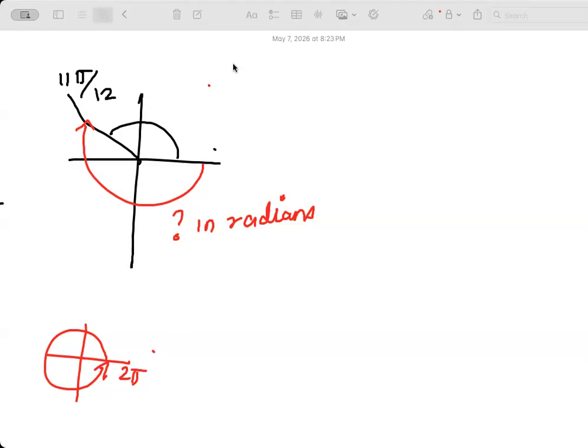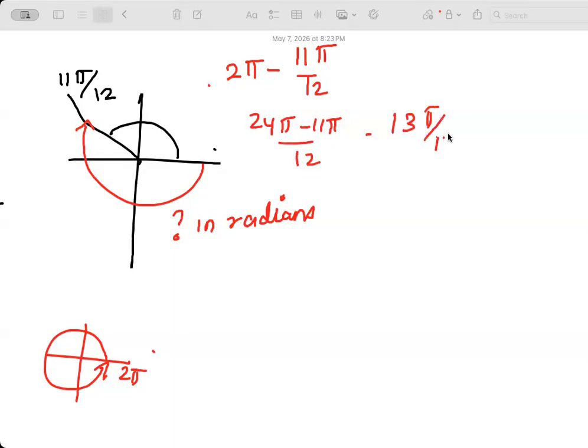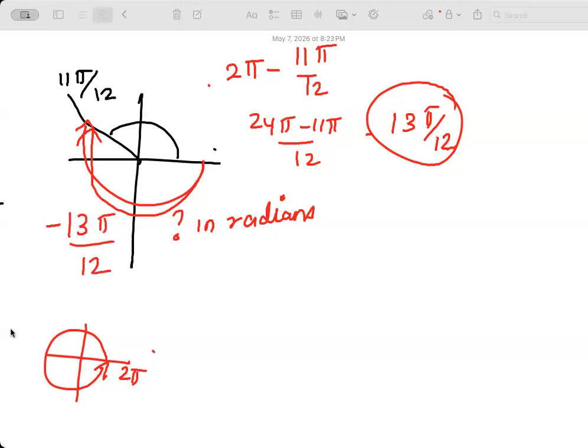So first, I take 2 pi and subtract 11 pi by 12. That is 24 pi by 12 minus 11 pi by 12, which is 13 pi by 12. When I subtract that from 360, I get 11 pi by 12, but they are asking for a clockwise angle. So it would be minus 13 pi by 12. Does that make sense?